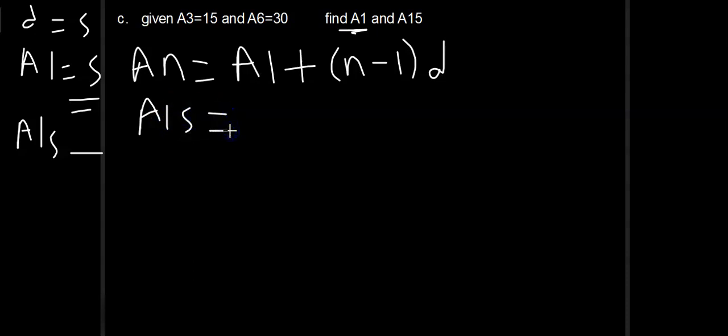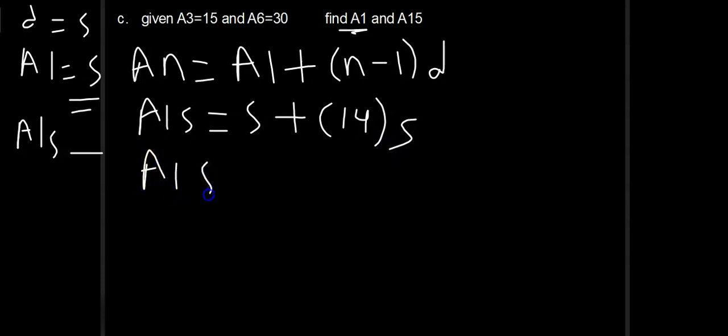So A15 equals A1, which is 5, plus N minus 1. Since N is 15, when you subtract, you're going to get 14. And 14 times D, D is 5. So A15 equals 5 plus 14 times 5, which is 70.